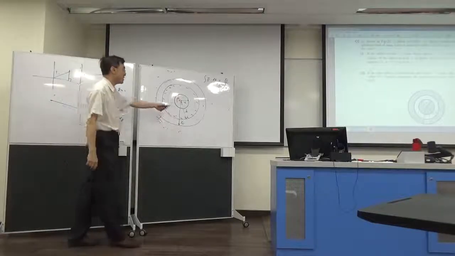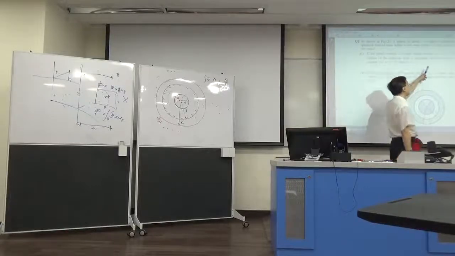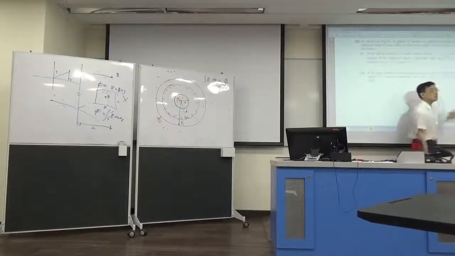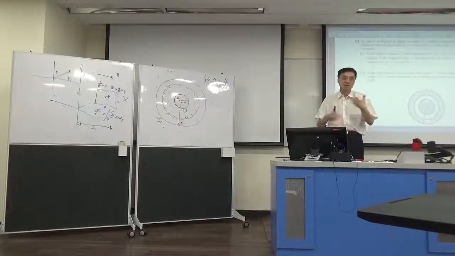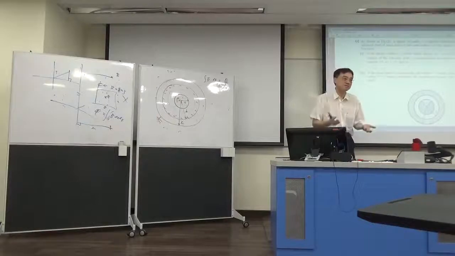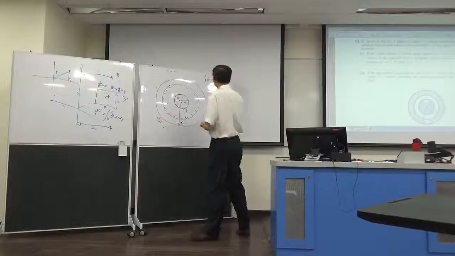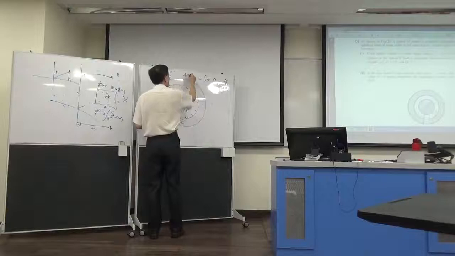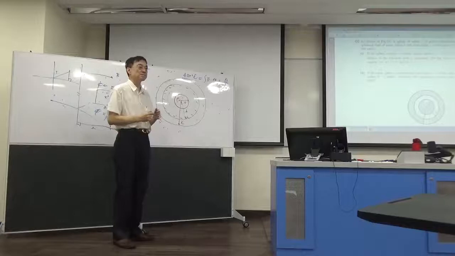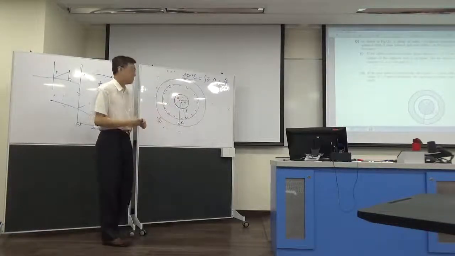Remember the rho v inside here is only a function of R. It's not a function of theta, it's not a function of phi. If it were a function of theta and phi, it would not be easily integrable, so don't worry. Now the electric field times 4 pi r squared. We can just multiply by the surface area because it is constant.